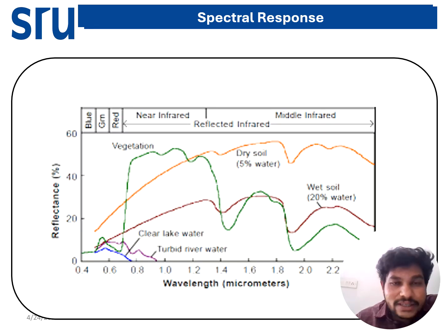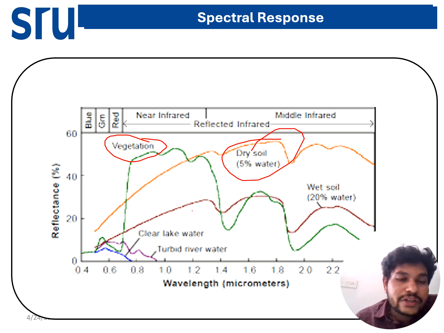This is the spectral signature for a particular vegetation. In this graph, green is vegetation, this is dry soil, and this is water. Based on the reflection of different wavelengths, we identify what object is present on the earth surface.